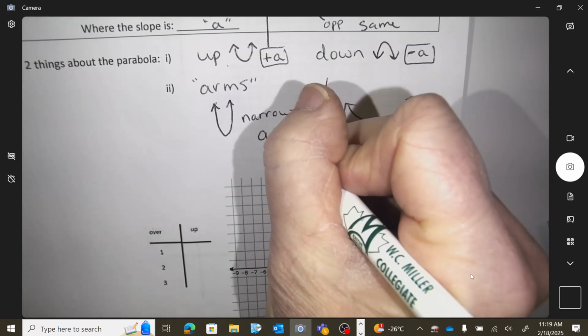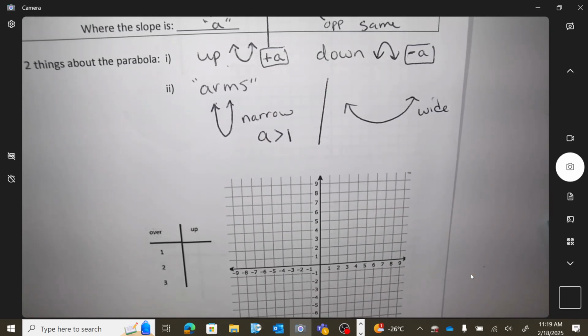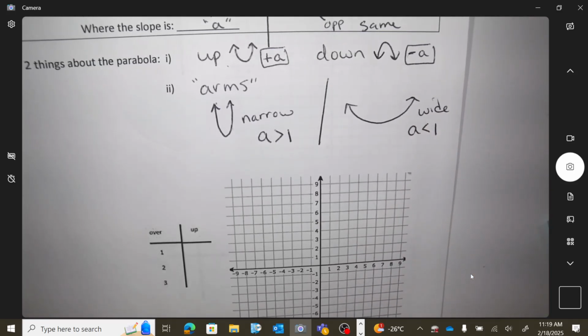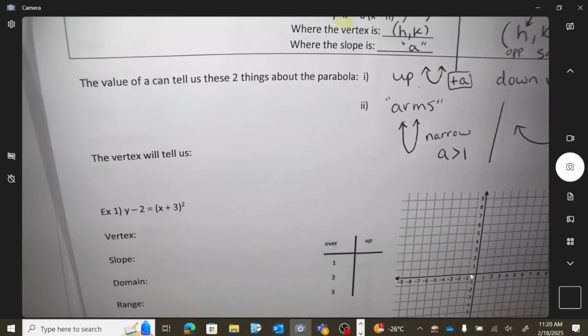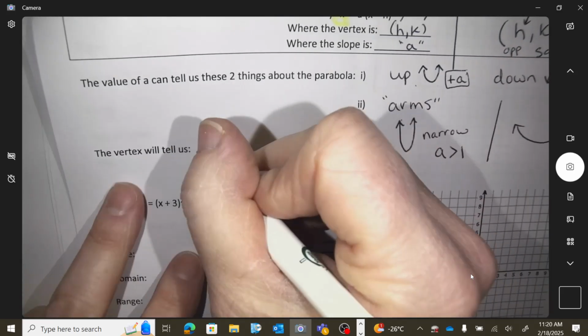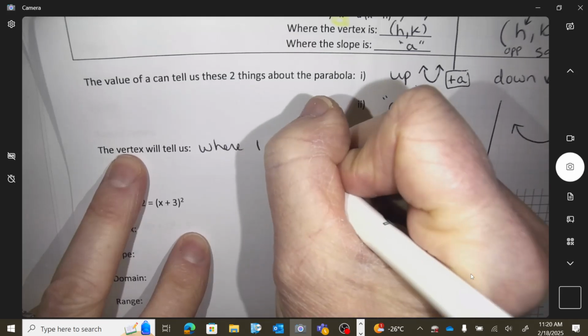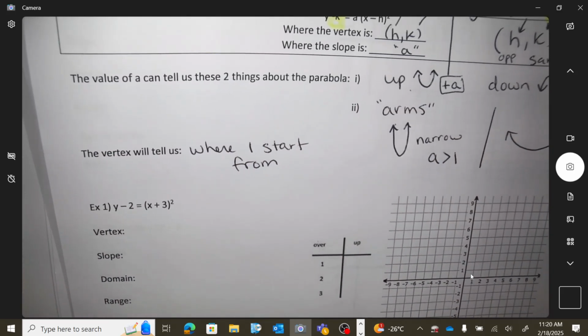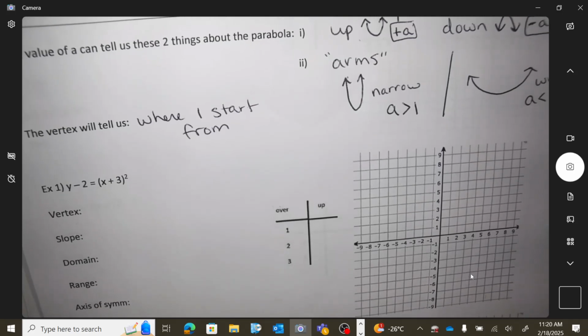If a was some kind of bigger number. How do I know if it's wide? If a is some kind of small number, like a fraction or maybe a decimal, 0.3, something like that. And the vertex tells me what? Where I start from. So where are you going to start and be symmetric around?